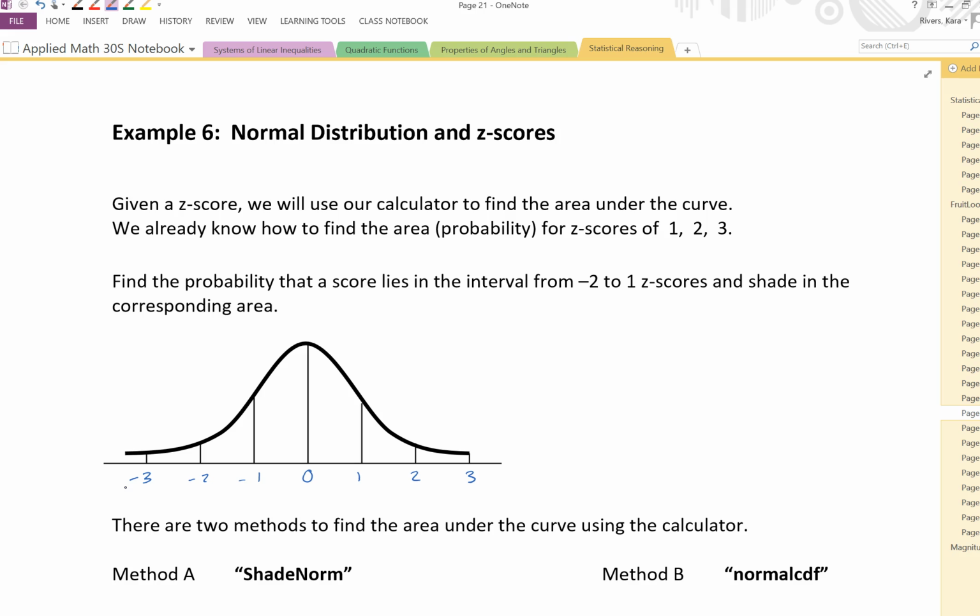Find the probability that a score lies in the interval from -2 to 1. Well, from -2 to +1 would be all in here. Now, we want to find out what the area under the curve is. Well, from our normal distribution lesson, we know that there's percentages that align with that normal curve.